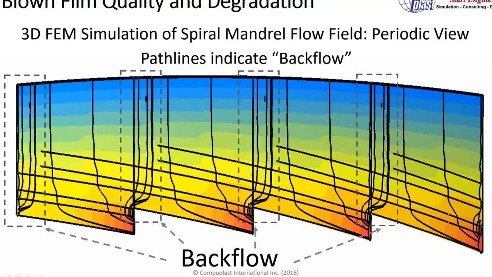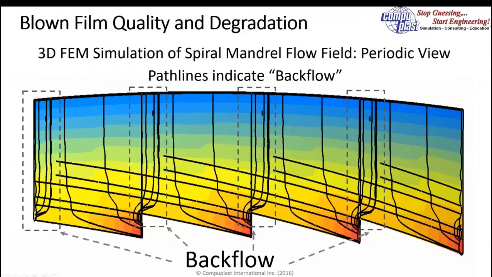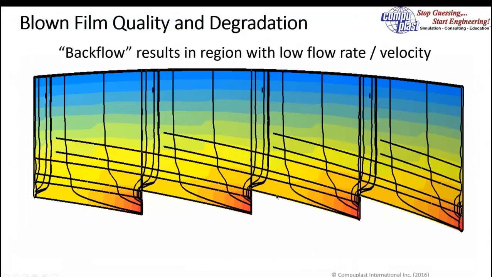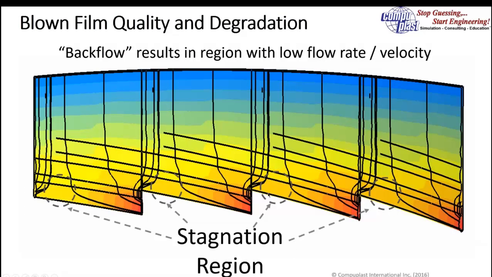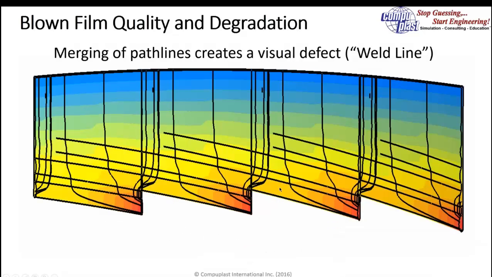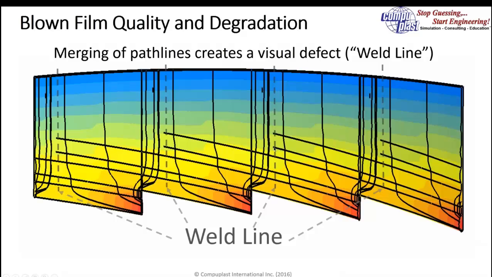The path lines going this way merge with the lines going this way, and they form a stagnation region in here where the path lines are avoiding, and right above that stagnation region we have a weld line.